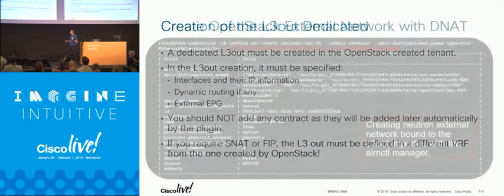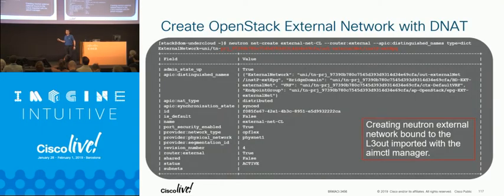So let's have a view on how we consume it. To consume it in OpenStack, you just run a neutron net create command. It's a router external, so it's going to be an external router function, something that you can bind as a default gateway to your neutron router, right? And you call the distinguished name. What is the distinguished name? The distinguished name is the identifier of an ACI object.